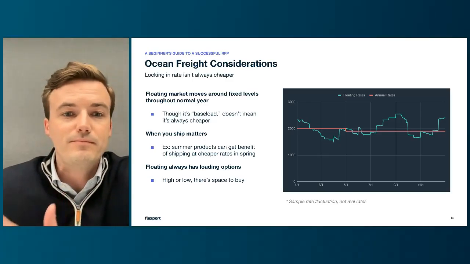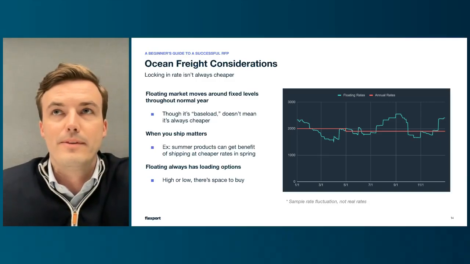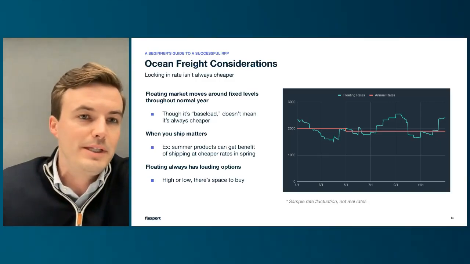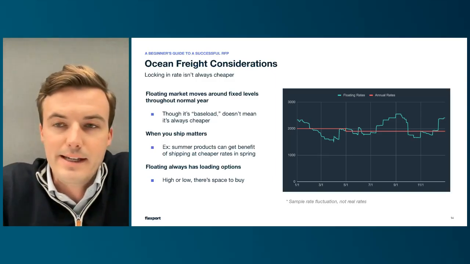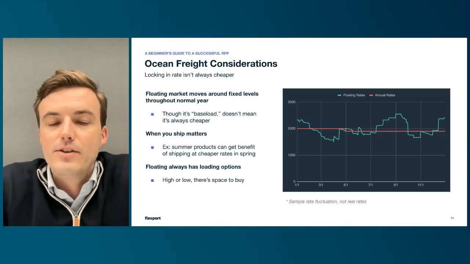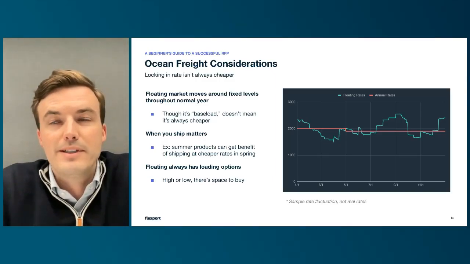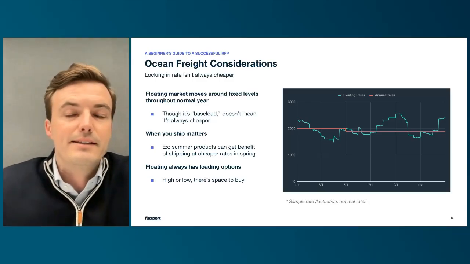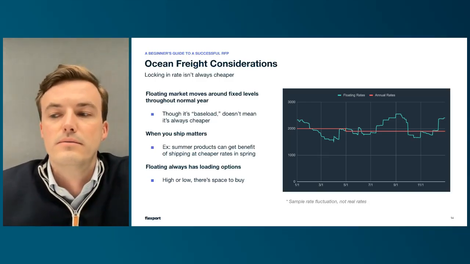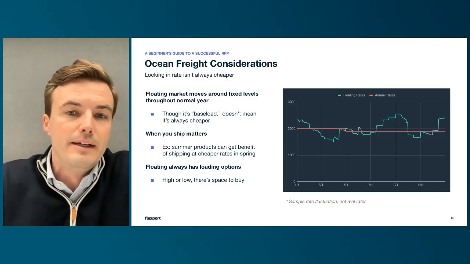That rate is not always going to be the cheapest rate in the market, and it is also not always going to be the cheapest solution for a given type of cargo.